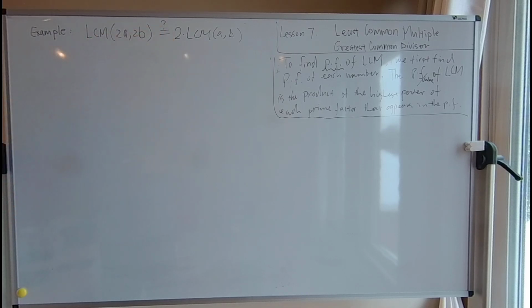Is it equivalent? Intuitively, yes, it is true. For example, if you have the numbers 2 and 3, the LCM of these two numbers is 6, right? So if you multiply both numbers by 2, you get 4 and 6, then 6 is no longer a common multiple, not divisible by 4.